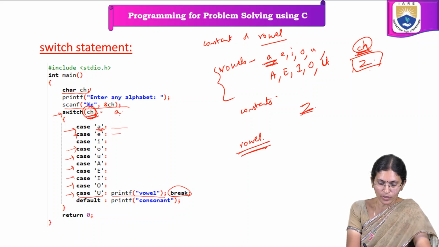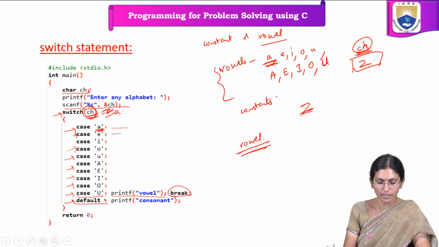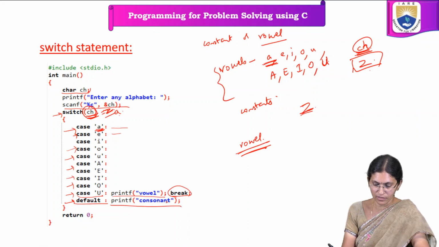So ch is equal to Z here. This Z will be compared against each of the case labels. None of the case labels are matching here. So therefore it will go to this default case. And the statement written here is printf consonant. So consonant will be printed.